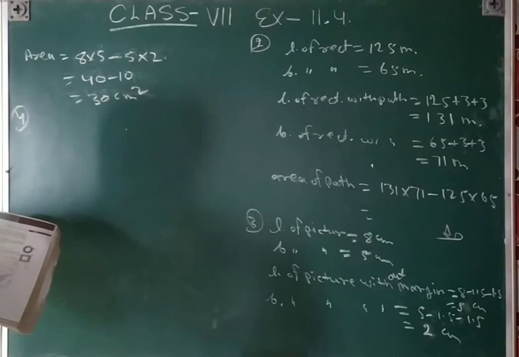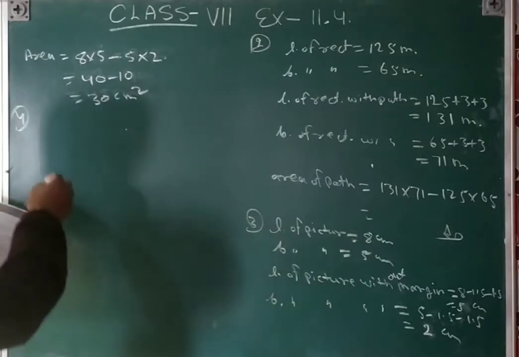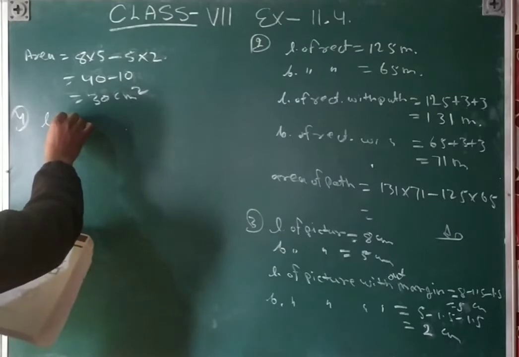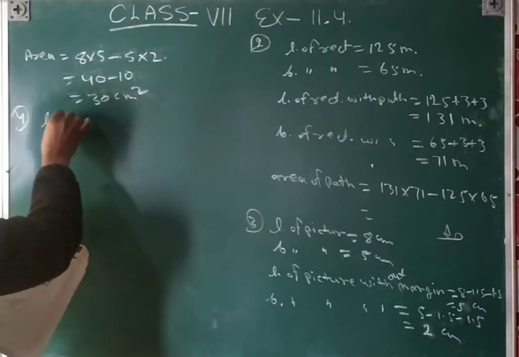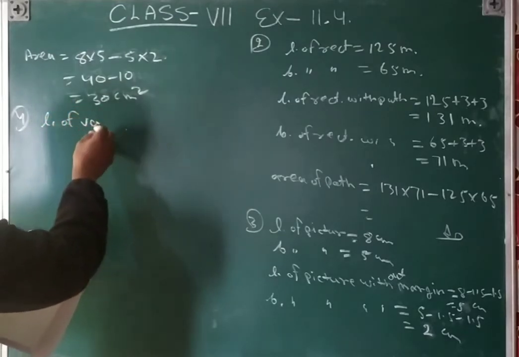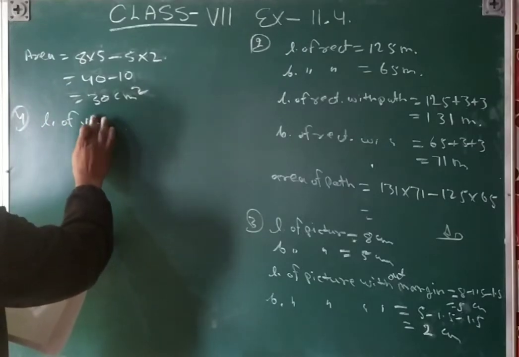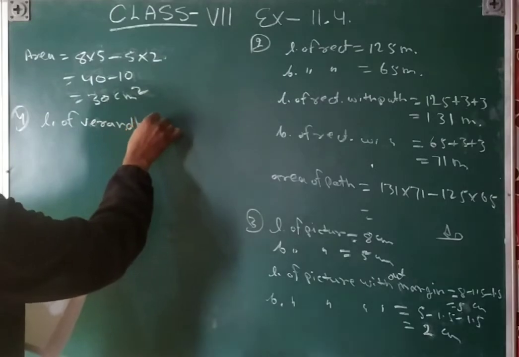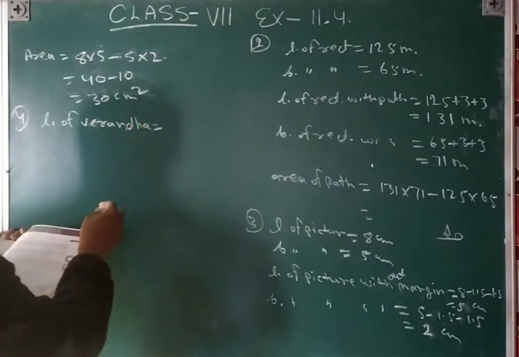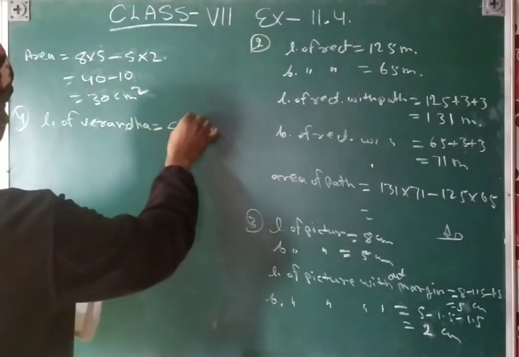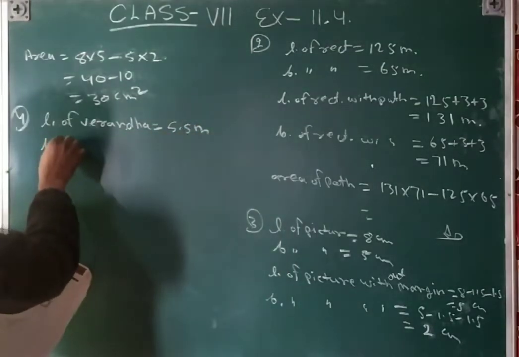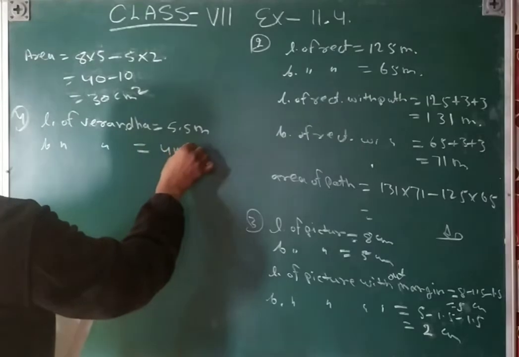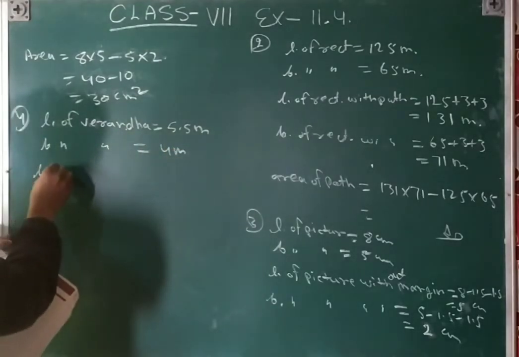Fourth question: a veranda of width 2.5 meter is constructed along the outside of a room which is 5.5 meter long and 4 meter wide. So length of room is equal to 5.5 meter, and breadth of room is equal to 4 meter.